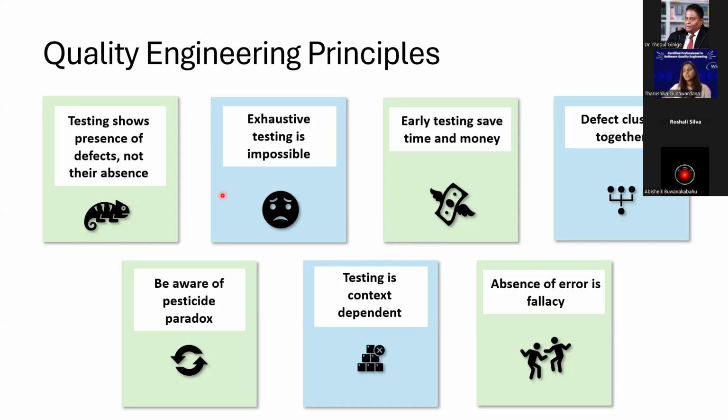So when it comes to testing, the next principle is exhaustive testing is impossible, right? As an example, let's take a particular input field where it's taking age. Normally we live to around, let's say, 80.